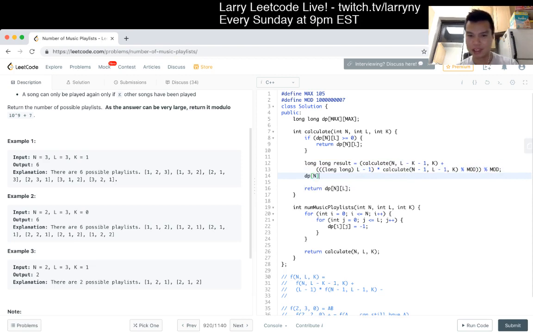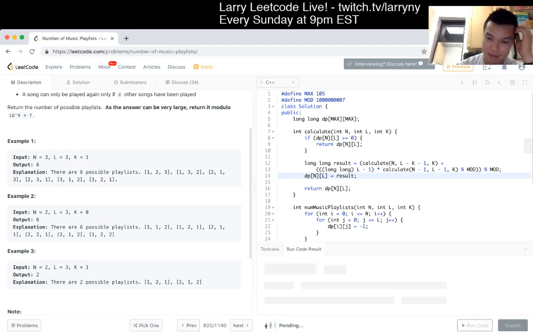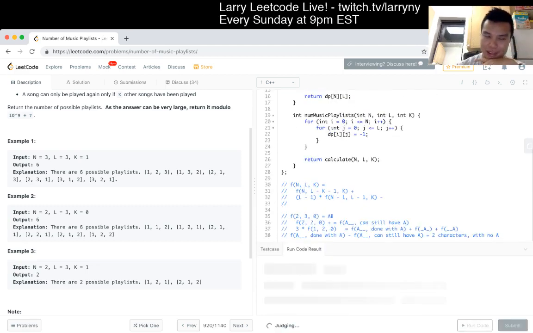I wrote it a little weird because I expected maybe a little bit more complication, but maybe not. Okay, well, let's run it real quick, just for the base cases.